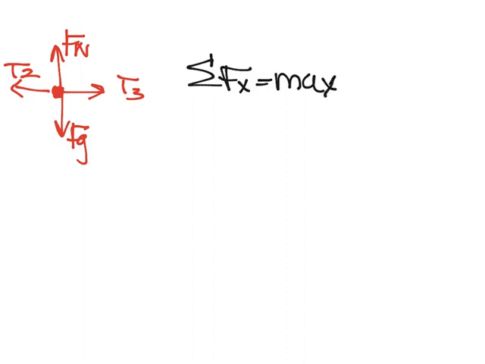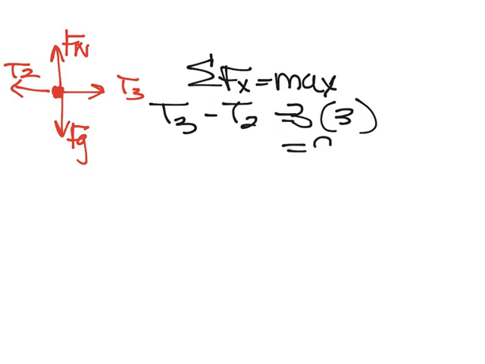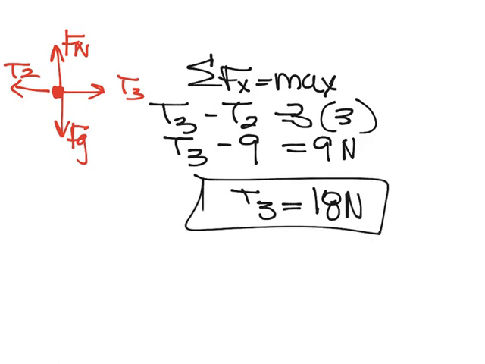I know that this is my 3 kilogram object, that acceleration is equal to 3, and I know that I have T3 minus T2 is 3 times 3. I know that T2 is 9 newtons from when I solved for it before. That makes T3 equal to 18 newtons total.